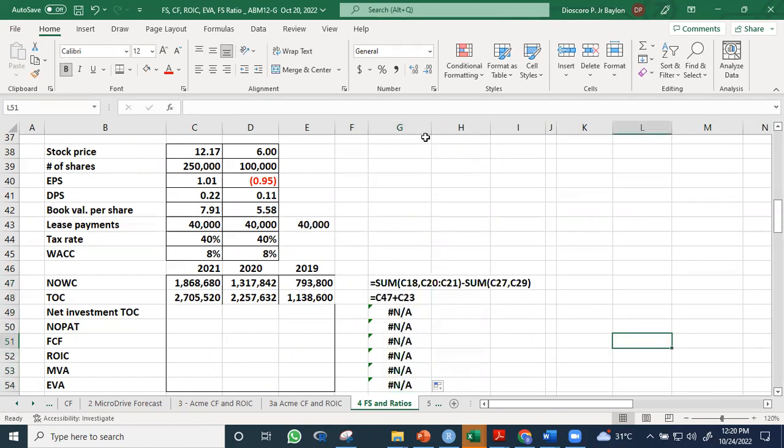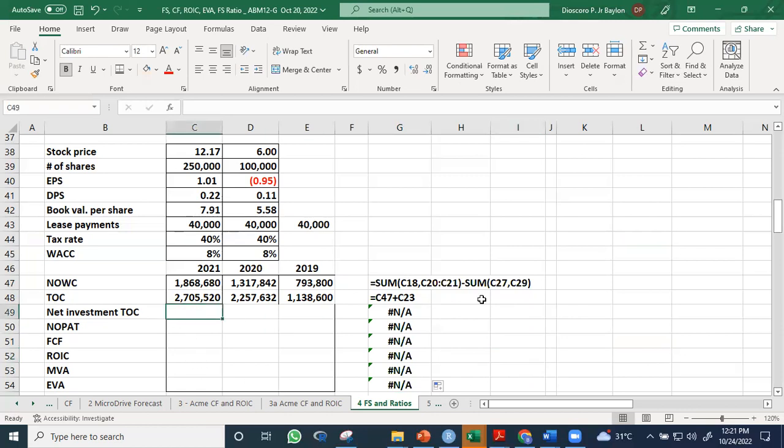Okay, good. Waiting for the others. So it's just the NOWC plus net fixed assets. Ngayon, kung binigay yung fixed assets at cost, tapos may accumulated depreciation, tapos tsaka yung net, ang gagamitin natin yung net. Pag hindi binigay yung net, kailangan makompute natin.